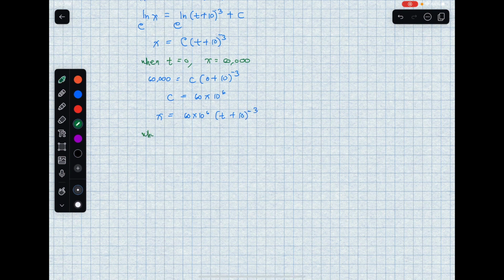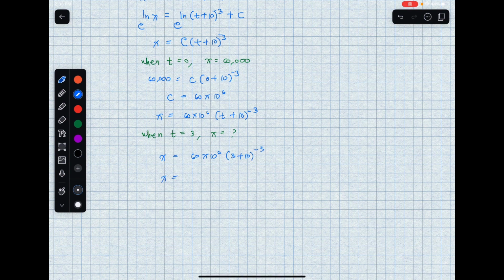So after 3 hours, when time is equal to 3, what will be x? x will be 60 times 10 raised to 6, multiplied by 3 plus 10 raised to negative 3.